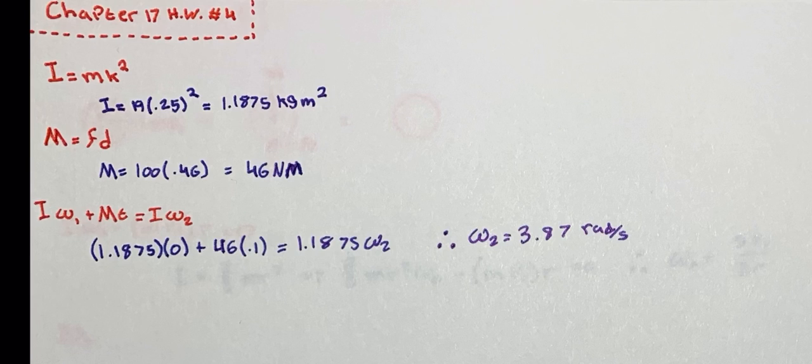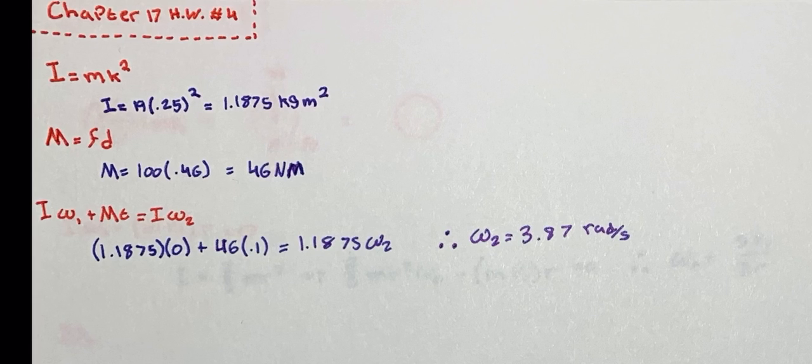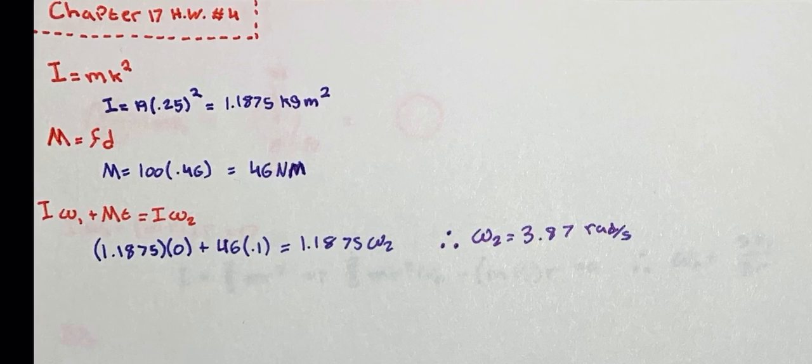The moment is just force times distance, so we can solve for that. And we know that I times omega 1 plus moment times t is equal to I times omega 2. So using that, we can solve for omega 2, which should be 3.87 radians per second.